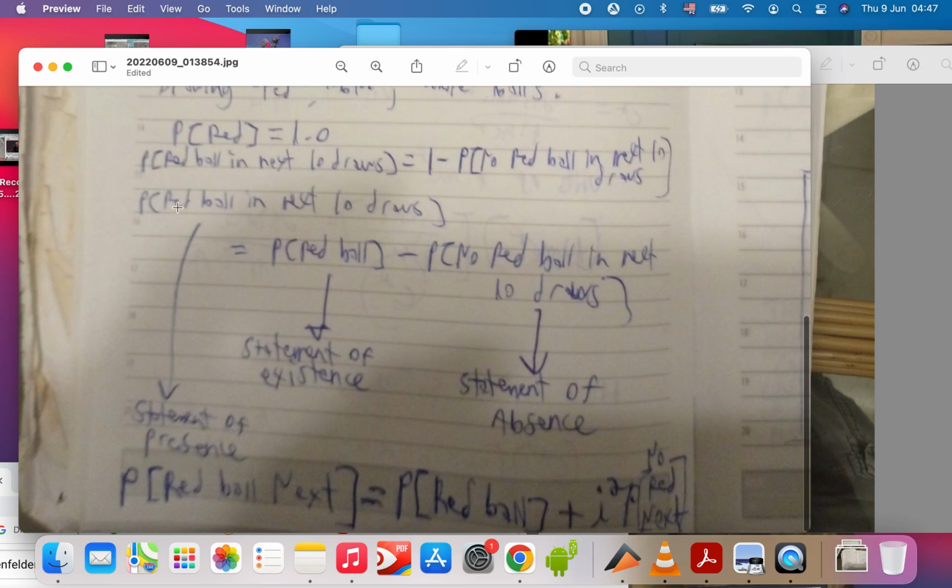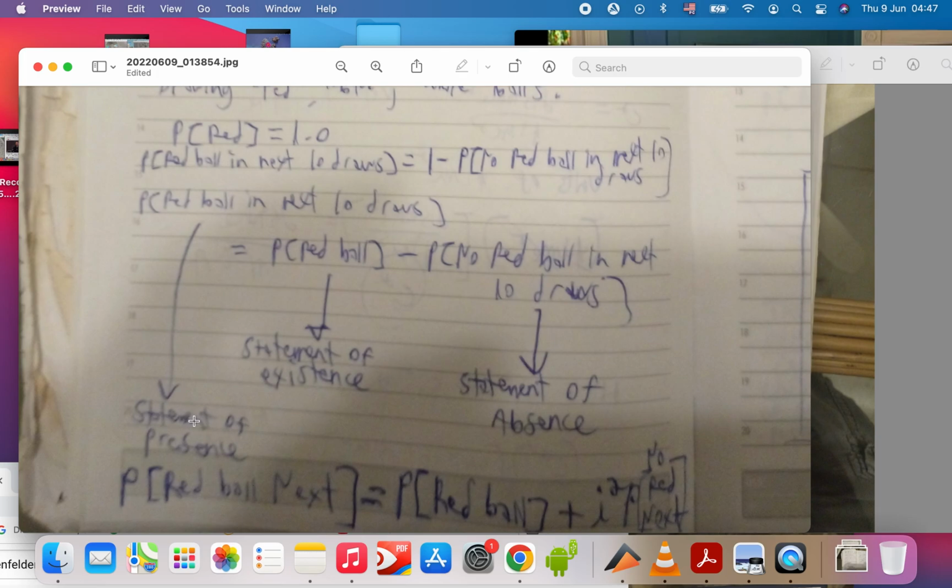And then we go from there to probability of red ball in the next 10 draws equals probability that there's a red ball, and there is, that's a statement of existence, minus the probability that there's no red ball in the next 10 draws. I call this a statement of absence.